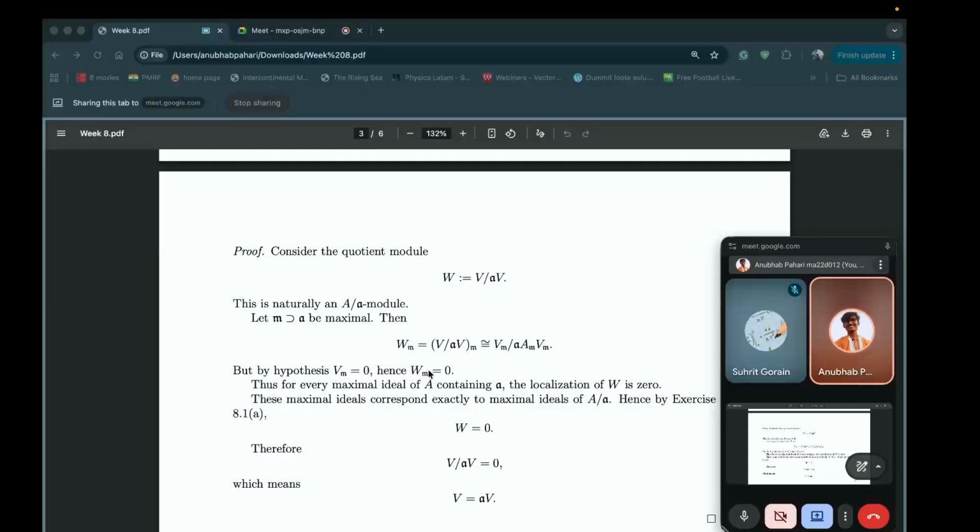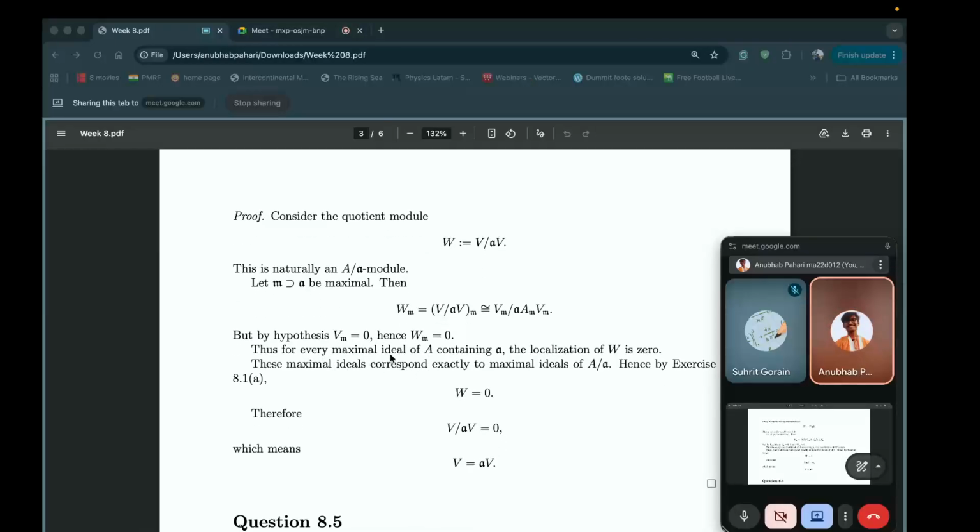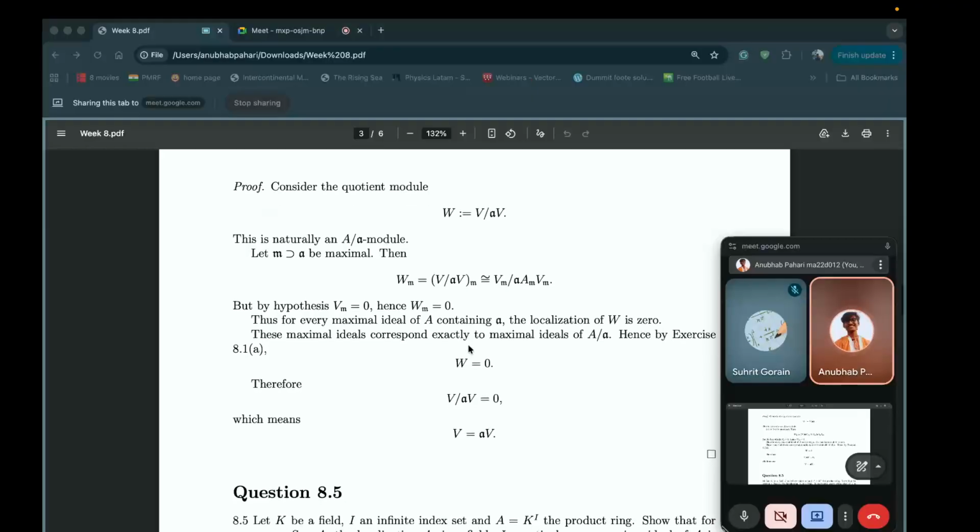W_m is 0. But then for every maximal ideal of A containing a, the localization of W is 0, because the maximal ideals of A/a are the maximal ideals of A containing a. So therefore this follows from our proposition 1.